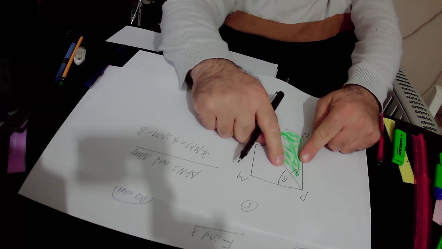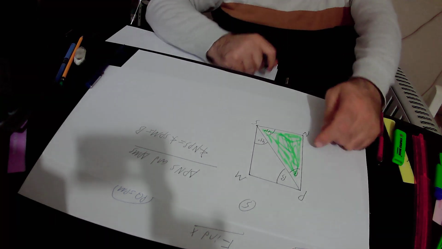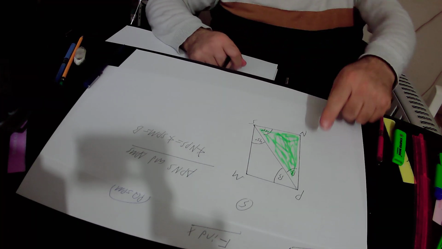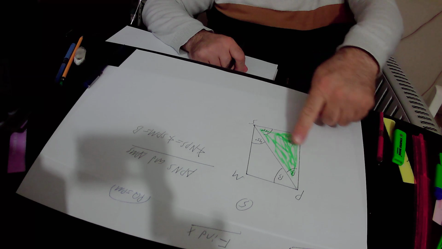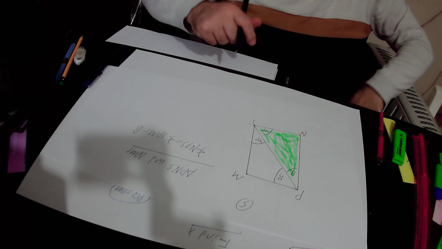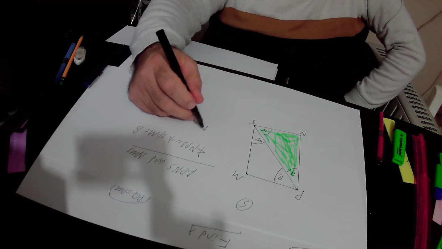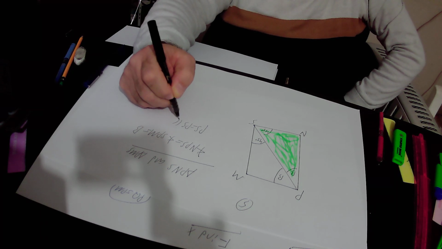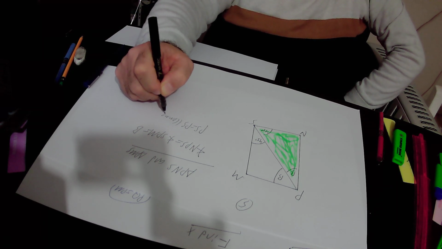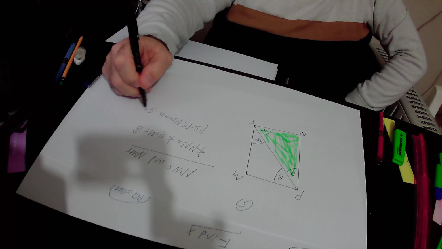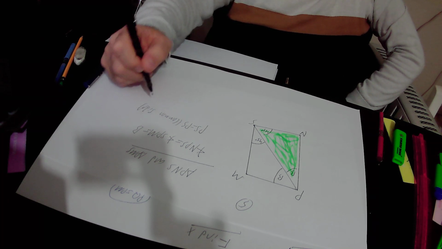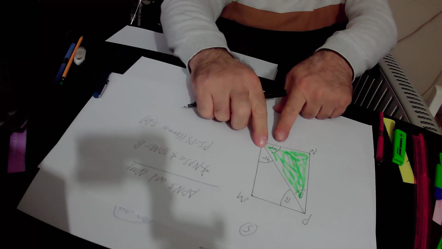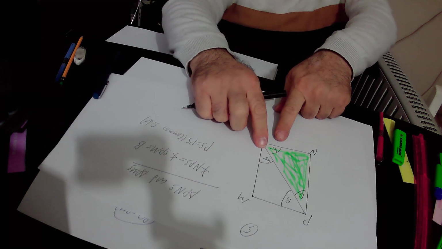So you can see here, PS is a common side, it belongs to both triangles. So we can write down that PS equals PS. And those two angles are equal to each other, they are both equal to 45 degrees.